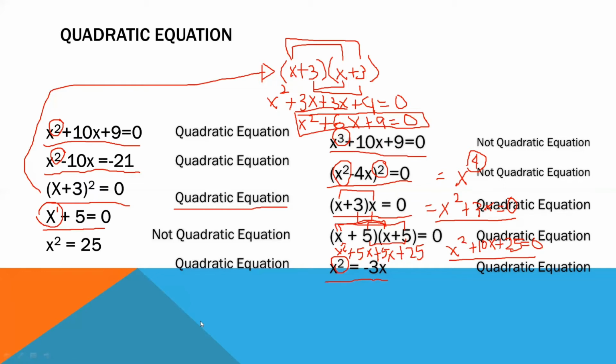Then, consider the degree, the highest degree must be 2. So, that is the highest degree. When the degree or the exponent is 1 or more than 2, which is 3, 4, 5, and so on, then this is not considered a quadratic equation.